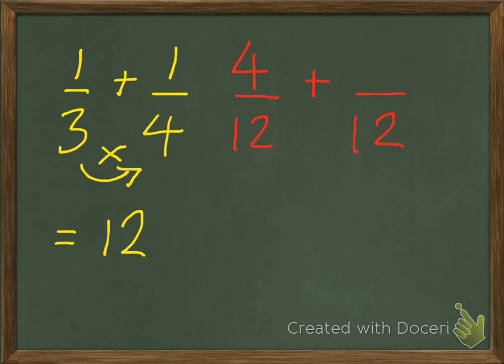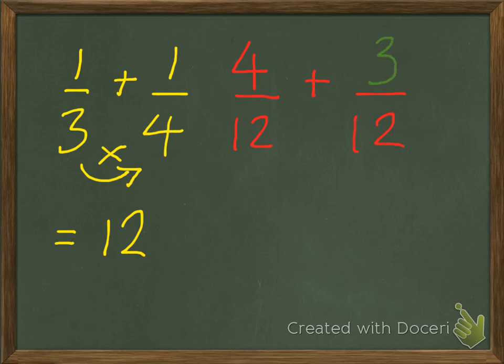And then what do I have to do to the 4 to get 12? Well, that's multiplied by 3, so I must multiply the top here by 3, which 1 times 3 is 3. And I can do that double check again. 3's into 3 go 1, 3's into 12 go 4, and that's the same as that fraction there.